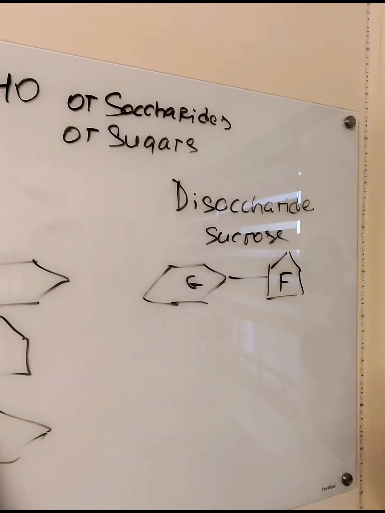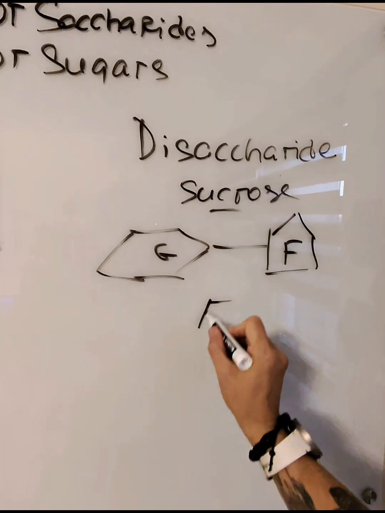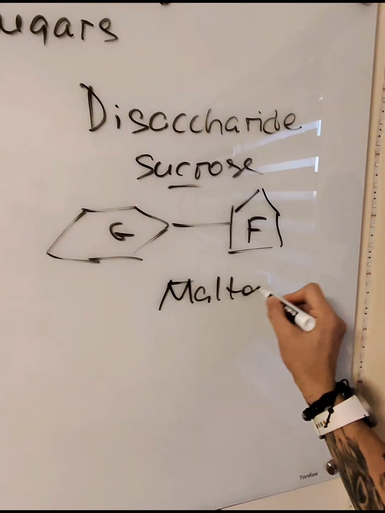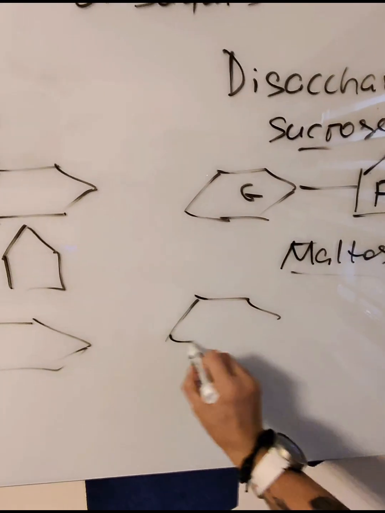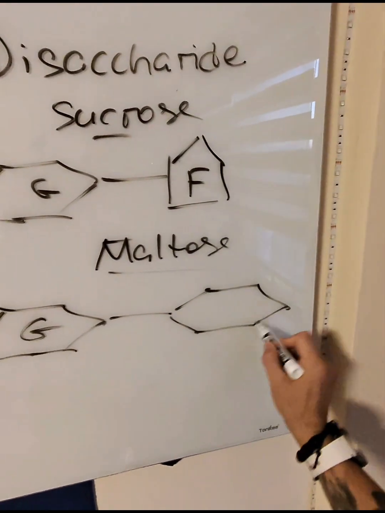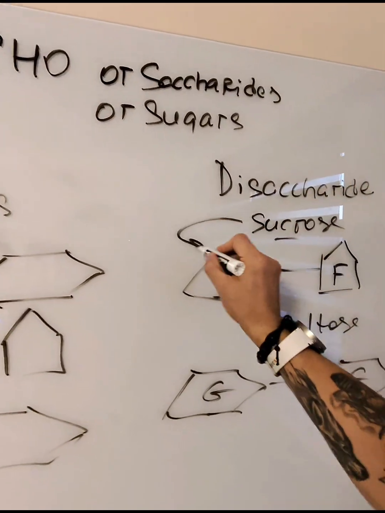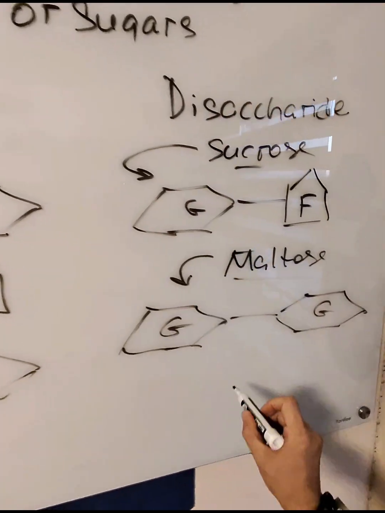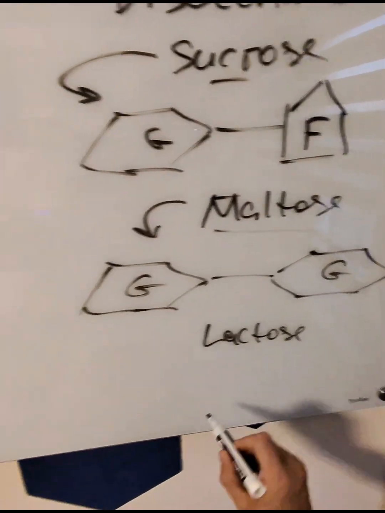Another disaccharide is maltose. Maltose is just two glucose units, glucose and glucose. So this is sucrose, this is maltose, and another is lactose.